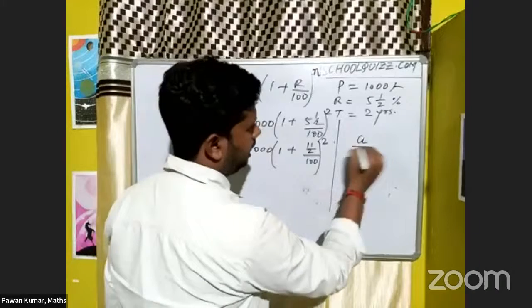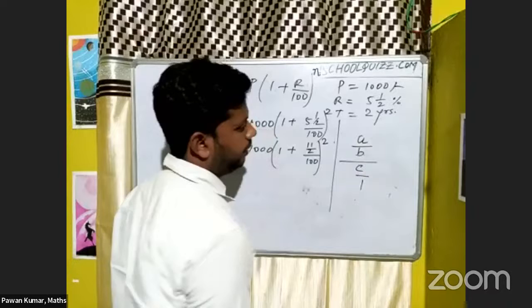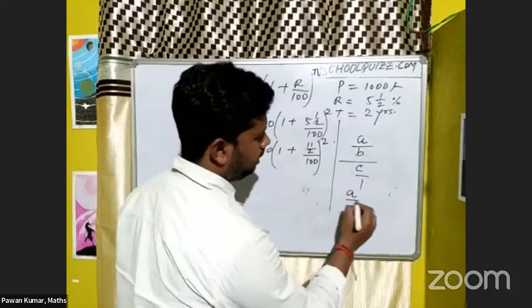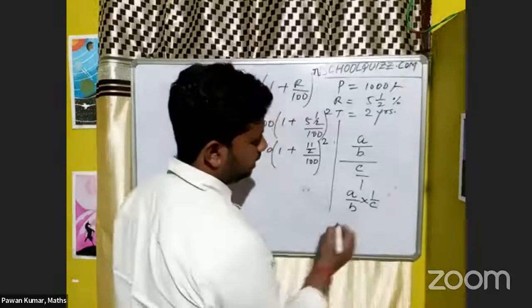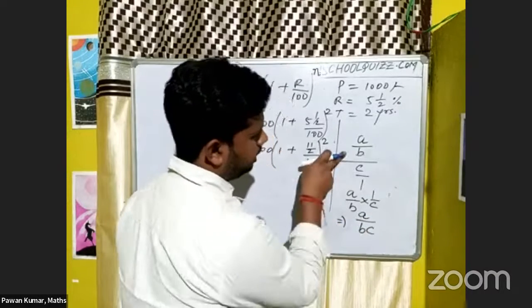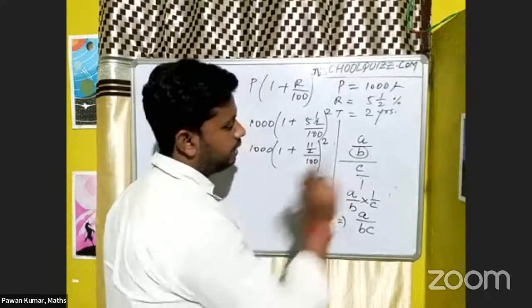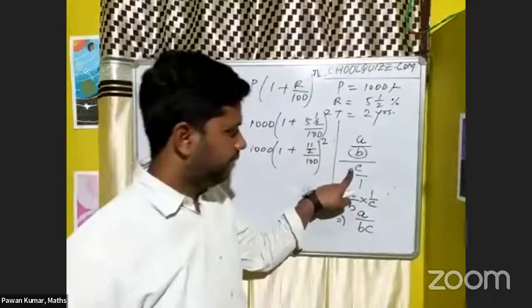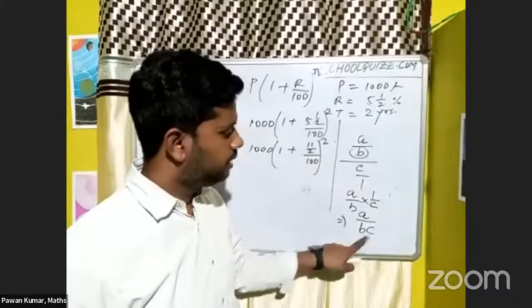If A by B total by C is there, I can keep it as 1 here. So this will be nothing but A by B into 1 by C. Correct? So A by BC will come. So whatever terms are there, the denominator of the first one will come with the denominator of the second one, B will come with C. Understand?